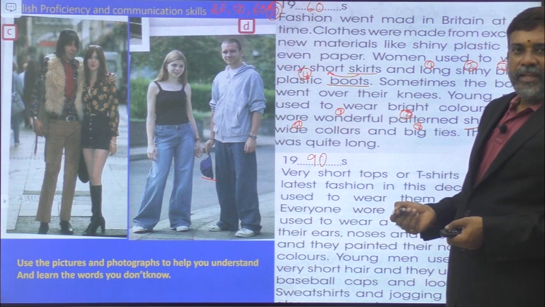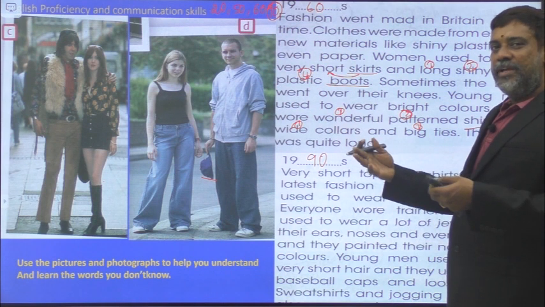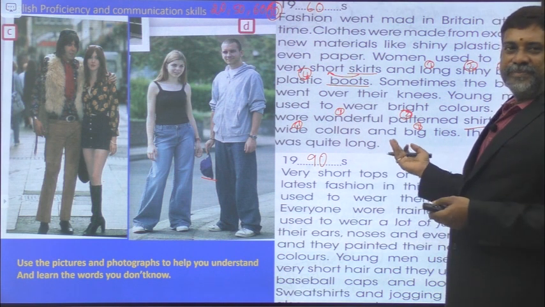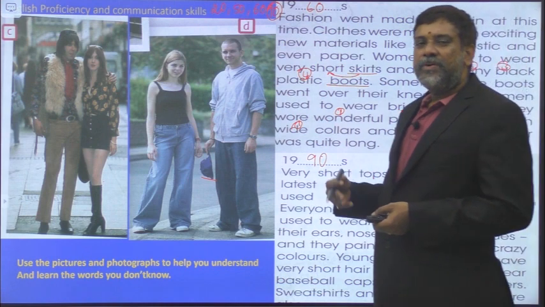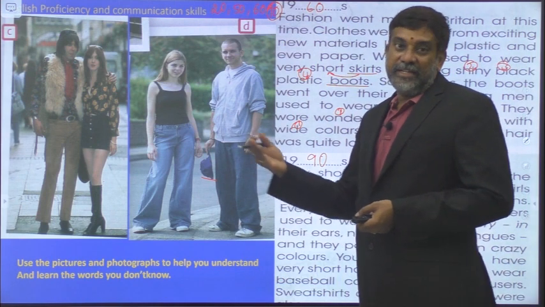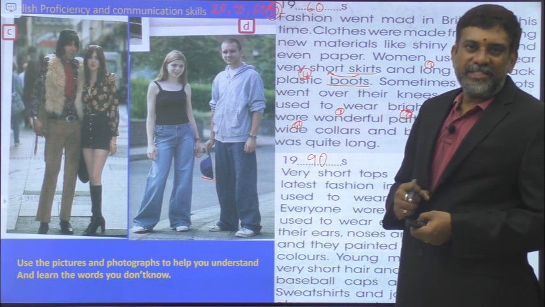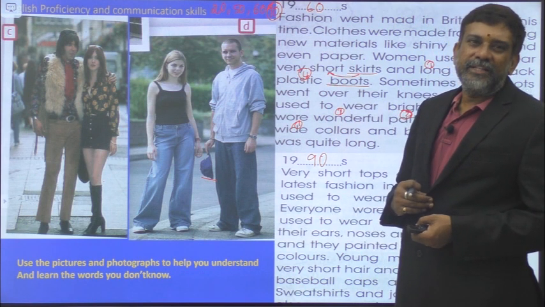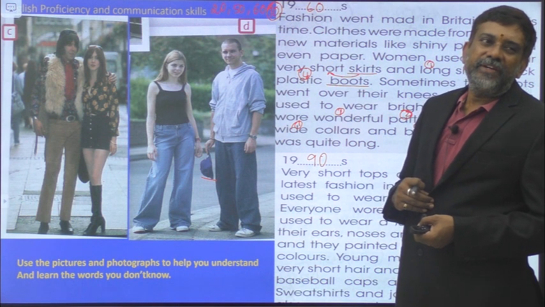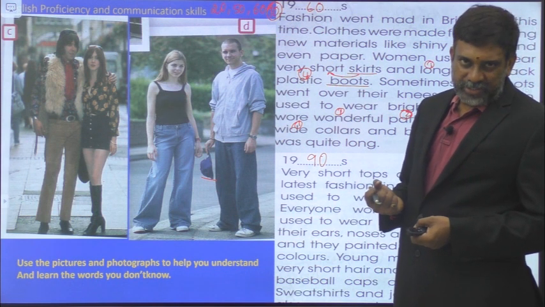Guys, have you seen how fashion changed in Britain? We have it too, because before independence and in the early independence days, the men used to wear dhotis in our culture. But gradually, we became accustomed to wearing trousers.